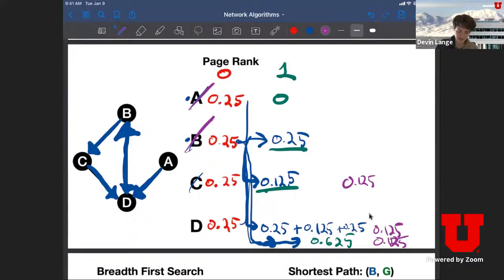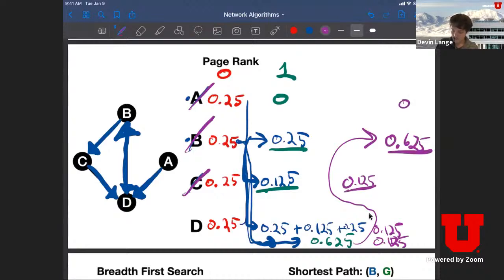And then lastly, D is going to give all of theirs to B. So B ends up with 0.625. And these are 0.25. And these are our scores after iteration 2. And you just repeat this process until these weights have converged, so to speak.